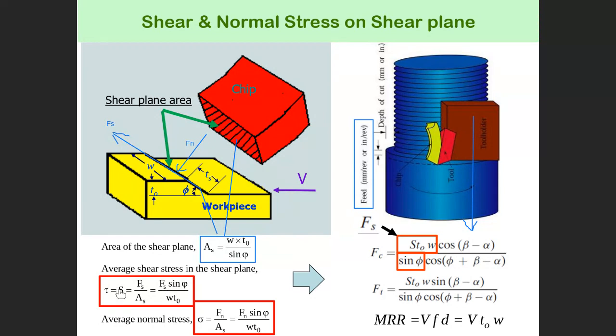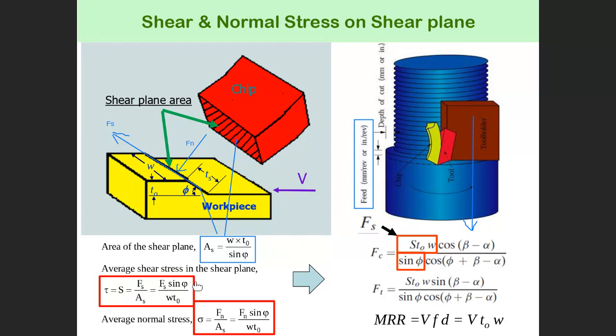If you're cutting steel and you know its shear stress, you multiply it by the shear area and the shear force can be obtained.